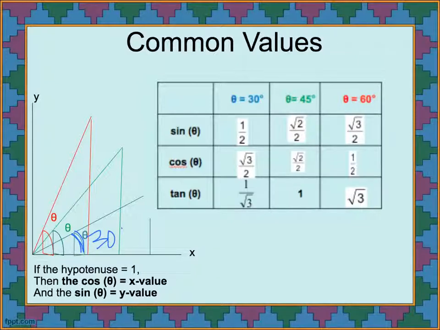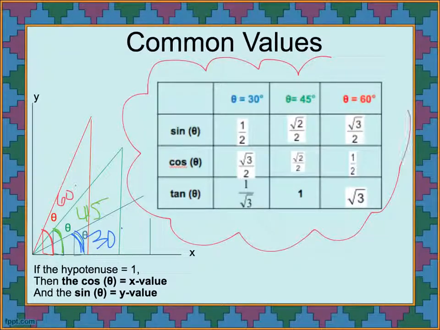The green one is when it's a 60 degree. 45 degrees. And the red one that covers the whole way would be 60 degrees. So these are just some common values that we are going to get over and over again. So you're going to see them periodically as we are working through this unit.